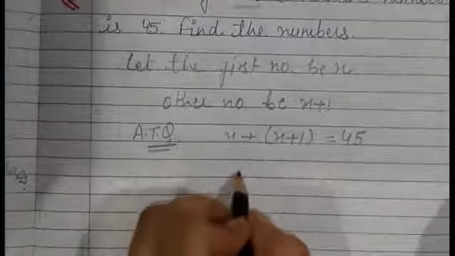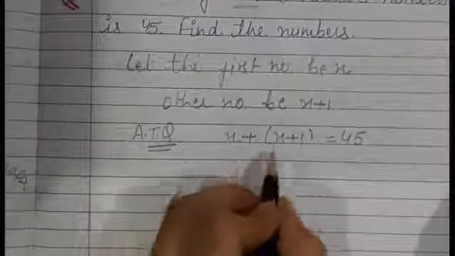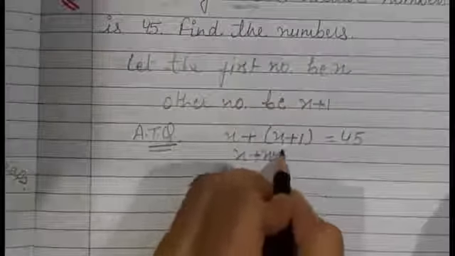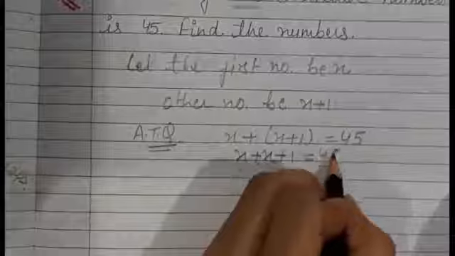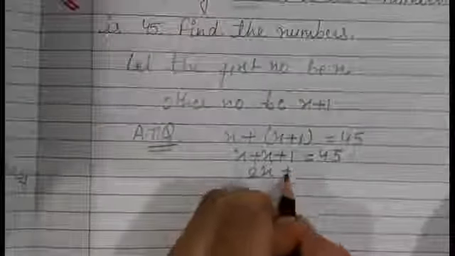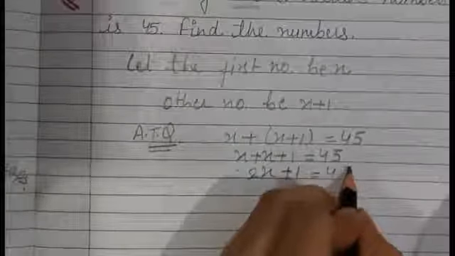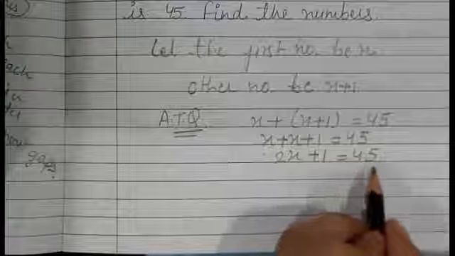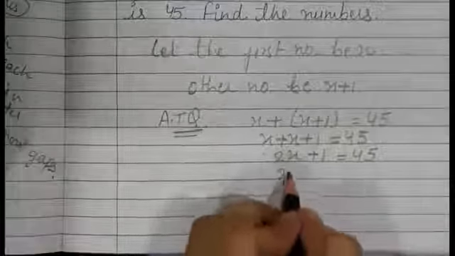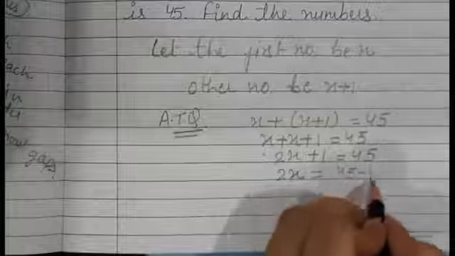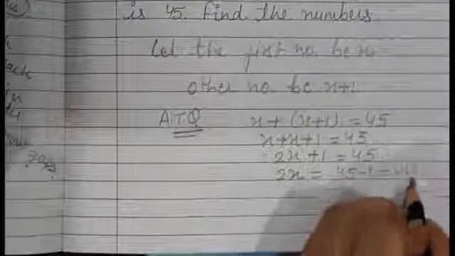When you open the bracket, x plus x plus 1 is equal to 45. Now x plus x is 2x plus 1 is equal to 45. Now when we transpose 1 from left hand side to right hand side, we have to subtract. So 2x is equal to 45 minus 1, which is 44.